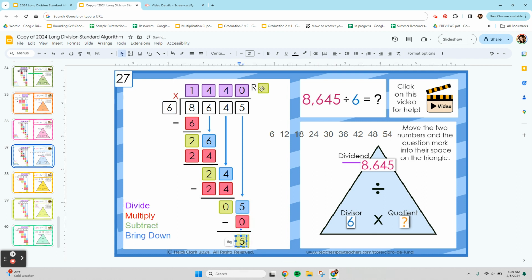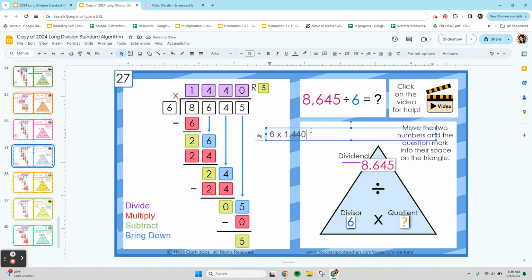It's leftover. Now I want you to think about how we could check our work here. Because our quotient down here is 1,440, remainder 5. So 6 times what gets you back to 8,645? Well, if you did 6 times 1,440, would that get you to 8,645?